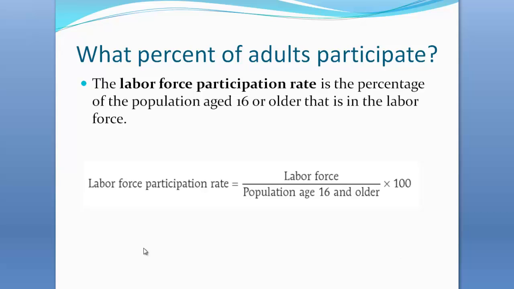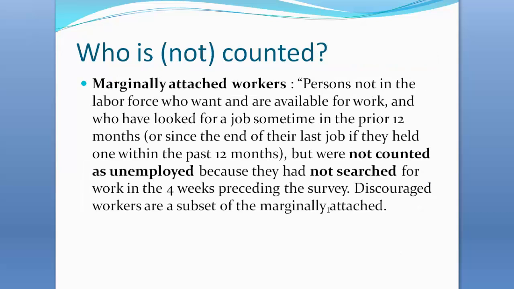The labor force participation rate is a calculation of labor force in the numerator, population age 16 and older in the denominator, multiplied by 100 to find the labor force participation percentage rate. The reason we use population age 16 and older is because those below the age of 16 are covered by child labor laws.